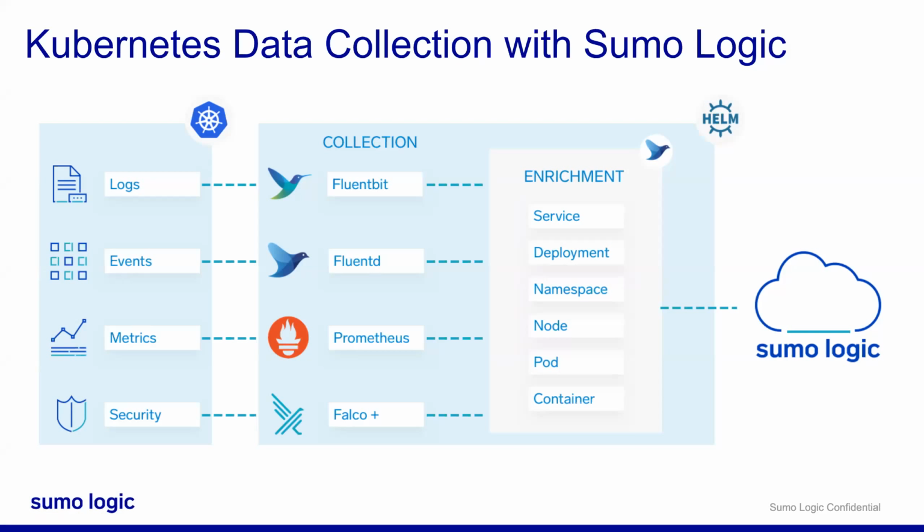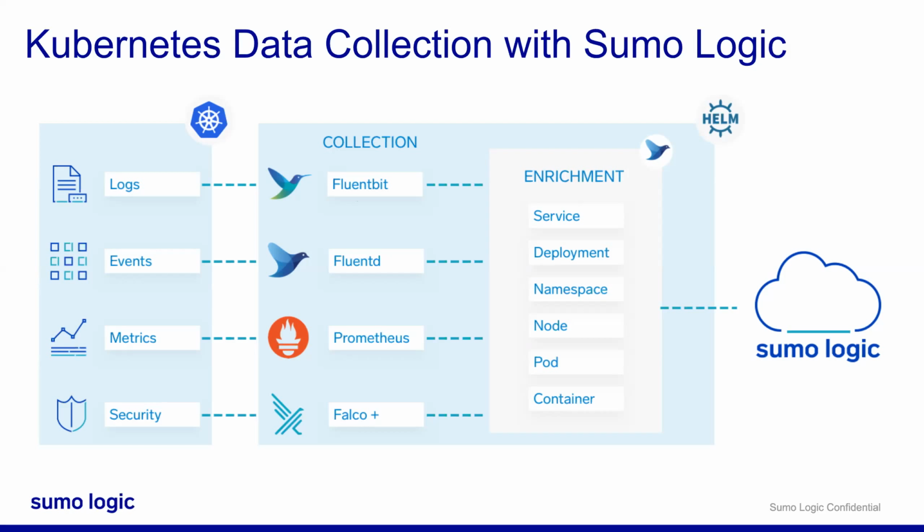Utilizing these open source tools for collection and data enrichment is ideal for two main reasons. One, these collectors typically receive a lot of community support. And the second is that they typically have integrations for any type of data that you may want to collect. So going a little bit deeper into each of these, we'll start off with our FluentBit daemon set.